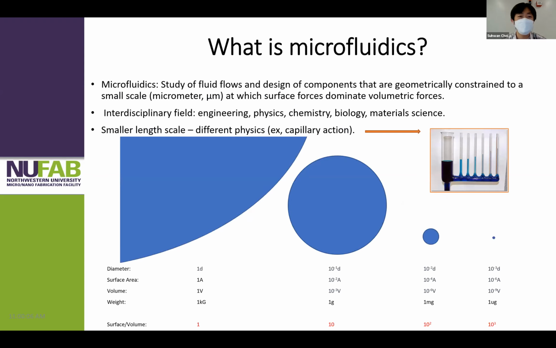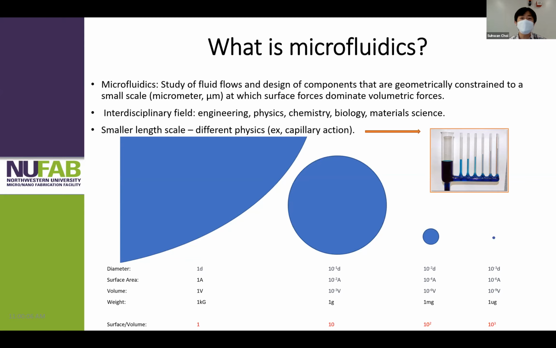So what is microfluidics? Microfluidics is the study of fluid flow and the design of components that are geometrically constrained to a micro scale, where surface forces are more dominant than volumetric forces.